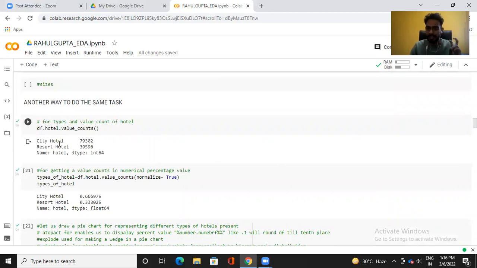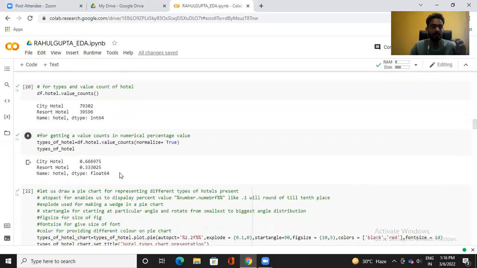In city hotels there are around 29,302 rows, which means that many bookings are in city hotels. And resort hotels have around 39,596 bookings, which is around a 2 to 1 ratio. Roughly 66% is captured by city hotels, and resort hotels are captured by 33.3%.